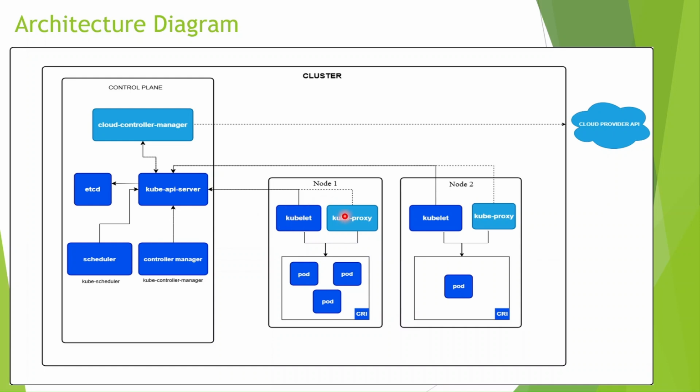Then we have Kube proxy, which handles networking for your services. It maintains iptables, and pod-to-pod communication and service load balancing inside the cluster are handled by Kube proxy, which you will find on each node. Then we have the pod. A pod is the smallest deployment unit in Kubernetes, and one pod can contain one or more containers. Pods run inside your worker nodes only.